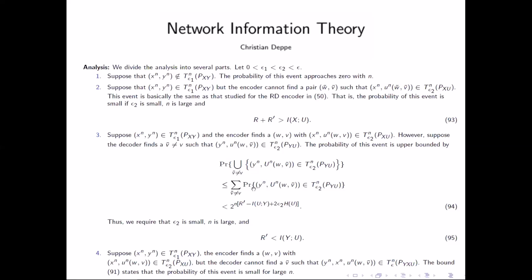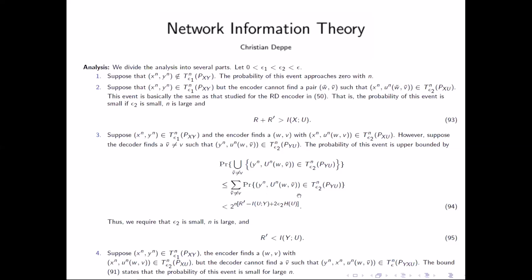This can be written as a sum by the union bound. We just estimate this as a sum, like if all events are independent, of course. But we can estimate it every time by the sum here.